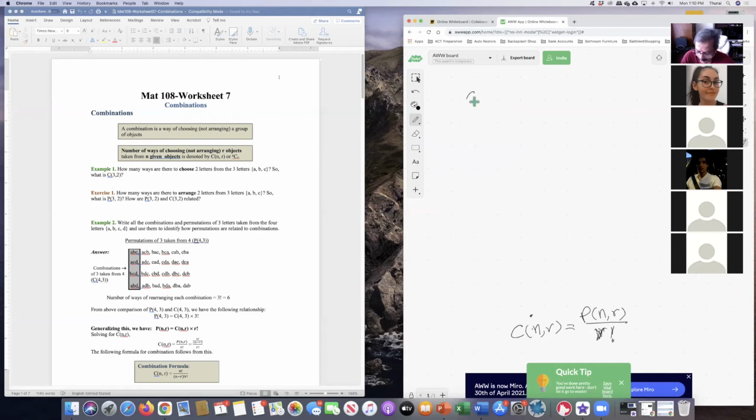I'm going to simplify that further to get a better form of the formula. We already have a formula for P(n,r), so I'm going to put that in place of P(n,r), which is factorial n over factorial n minus r.